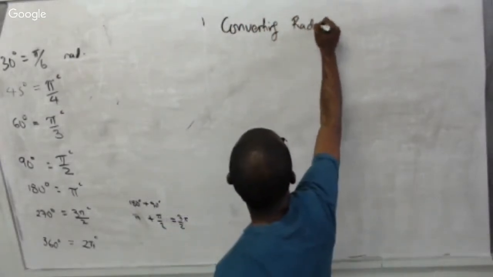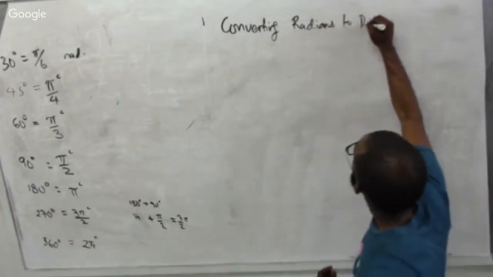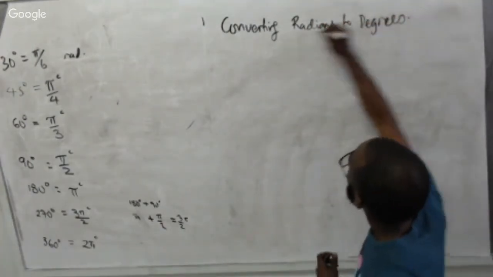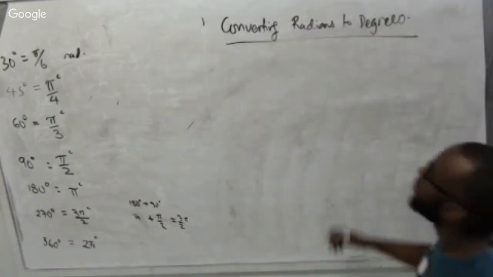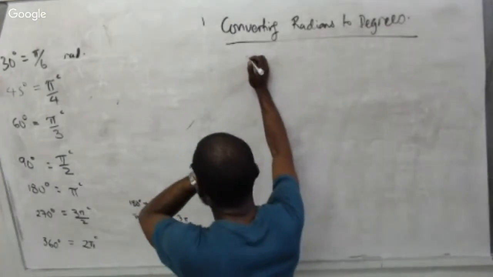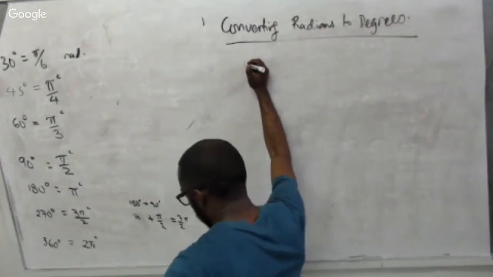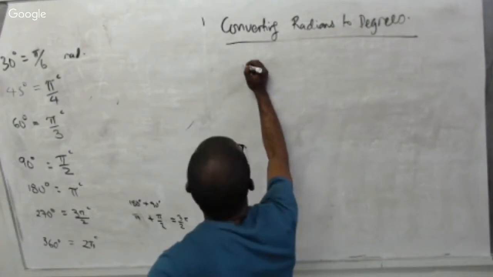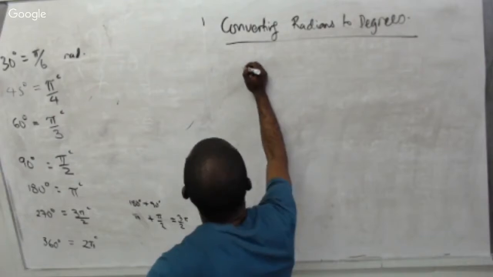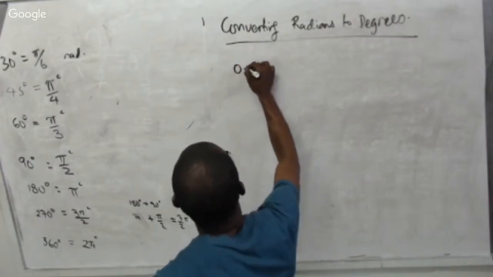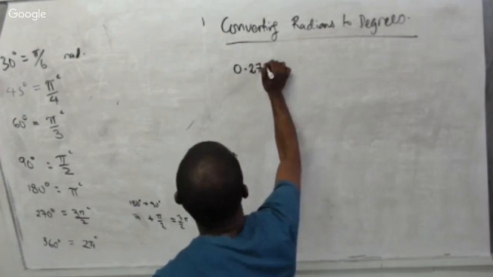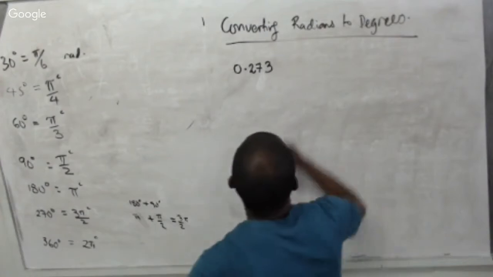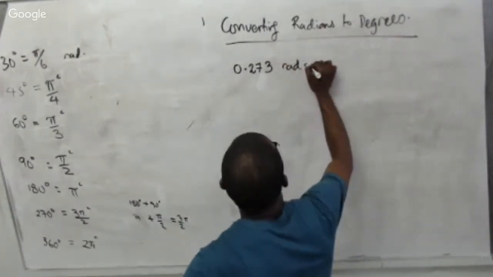Converting radians to degrees. I'll show you a few of these. 0.273 radians.